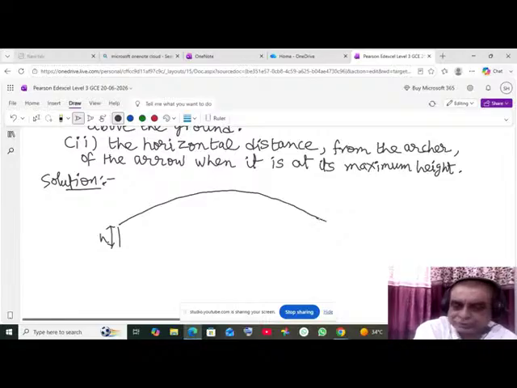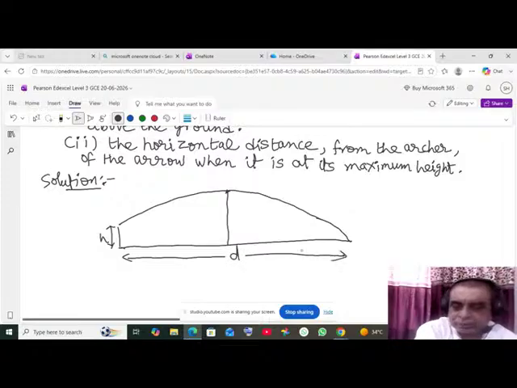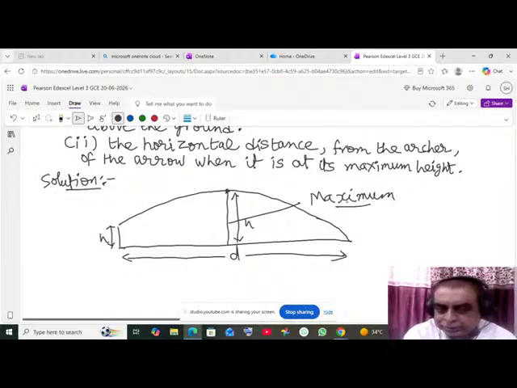It reaches the ground, touches the ground at some point, and this is the maximum height reached, and this distance traveled is called d, the horizontal distance. The maximum height is at the vertex. This is how the arrow flies when we shoot it.